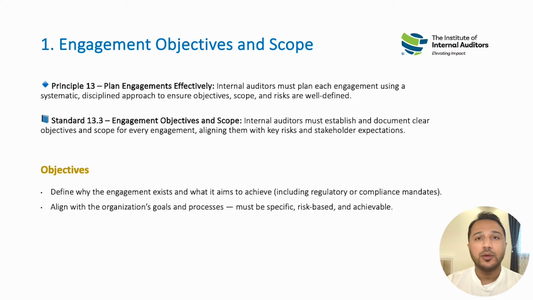Sometimes it could be to give improvement suggestions related to efficiency or effectiveness. So there could be different kinds of objectives, but they need to be determined ahead of time. Based on those objectives, we determine our scope and the key risks that we have to evaluate, to test the controls which are mitigating those risks.